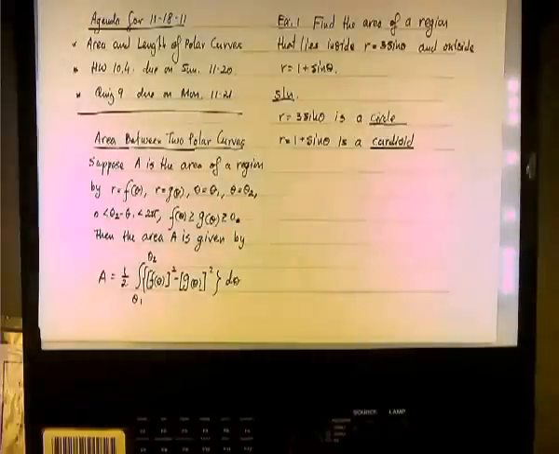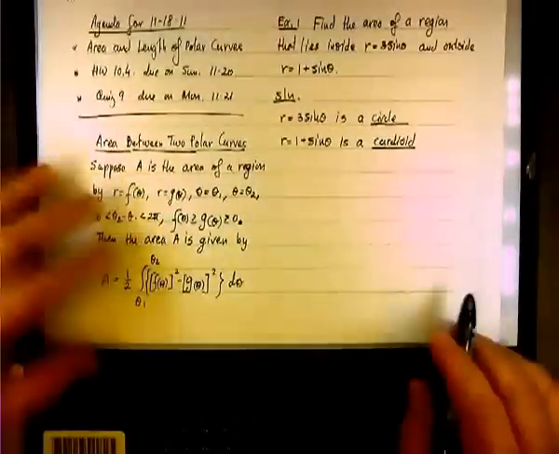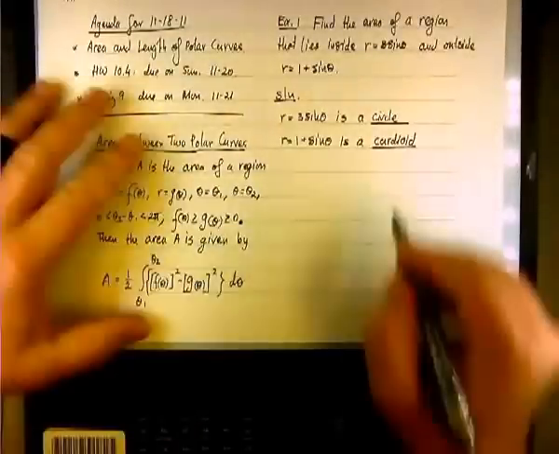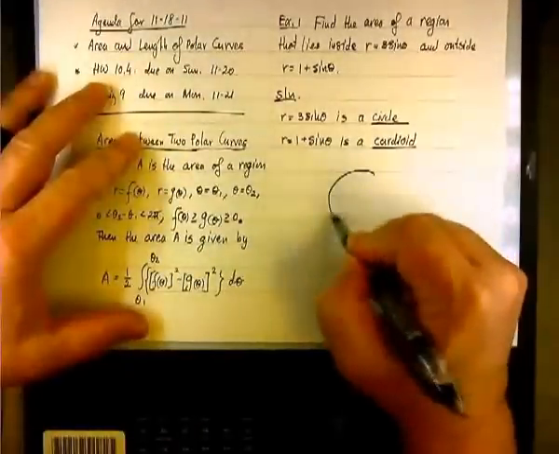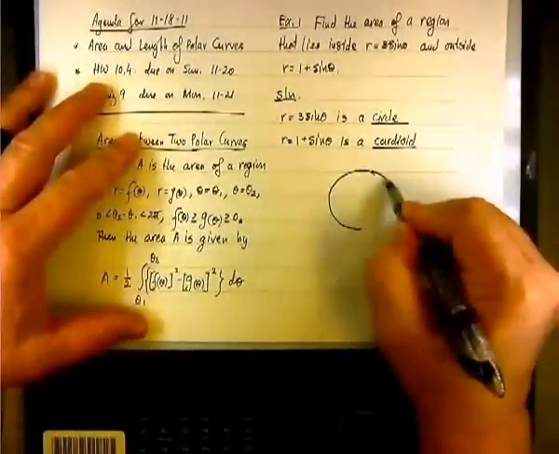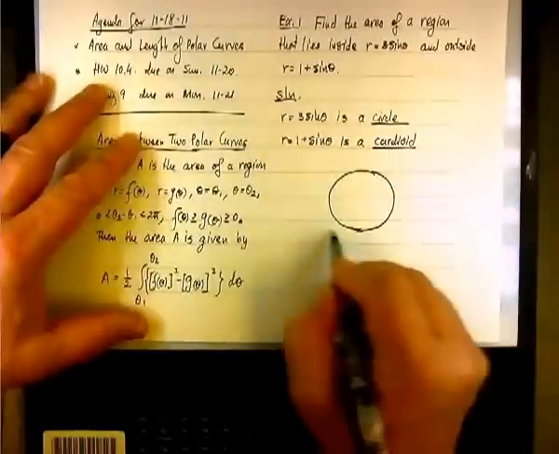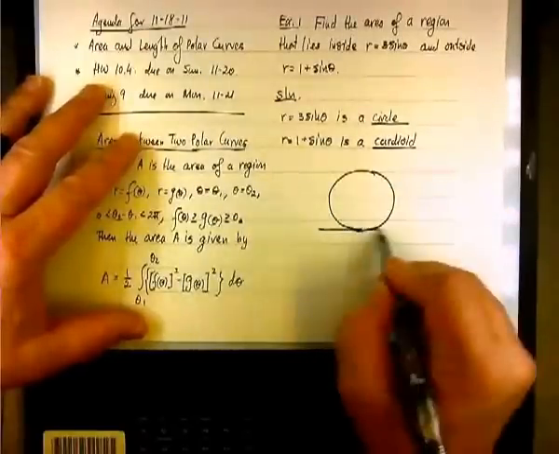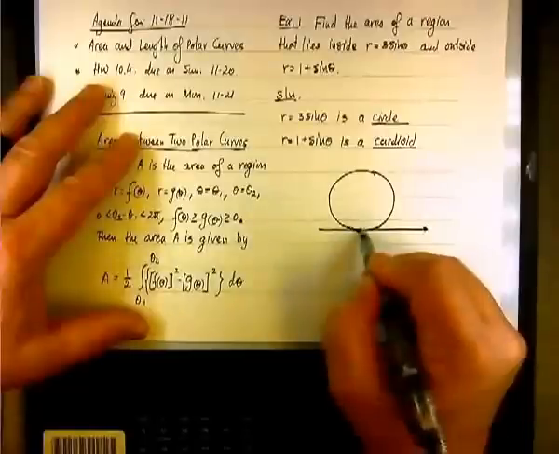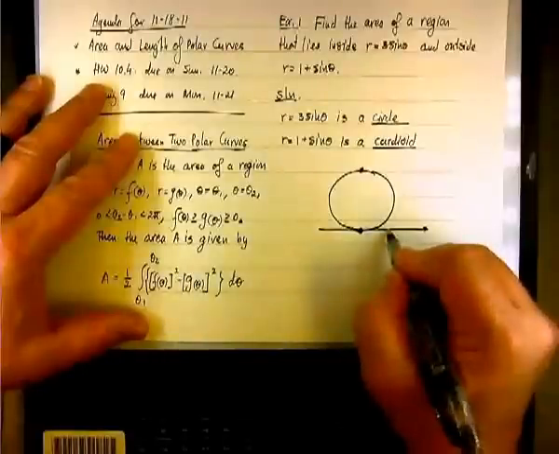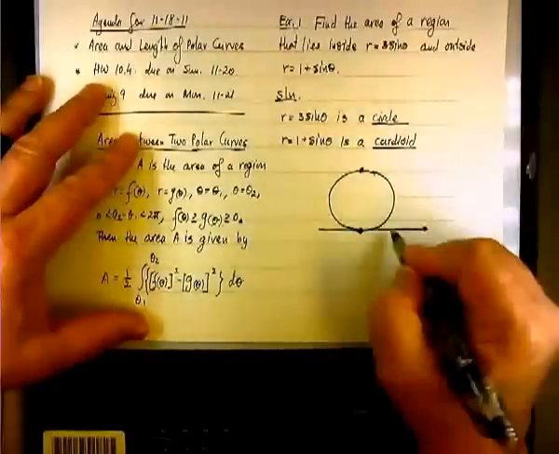So we are back in business now. Let's sketch this thing. The circle with diameter equal to 3, so 0 is here, pi over 2 is here for the circle. This is 3.